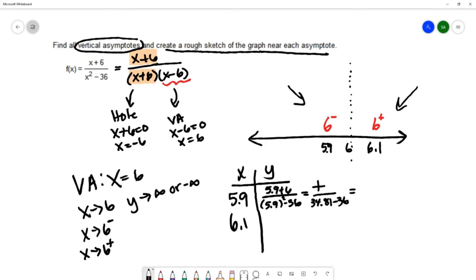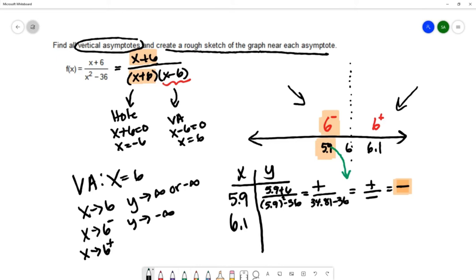That is a negative value. A positive divided by a negative will give me a negative value. Remember that 5.9 was the number below 6. Because this came out negative, y will be approaching negative infinity on that side. So when I sketch the graph on this side, y will approach negative infinity.